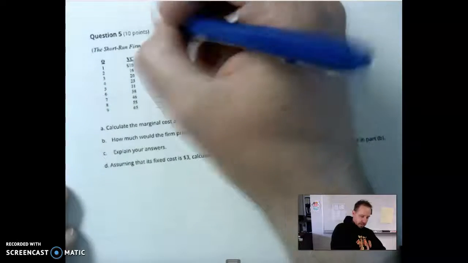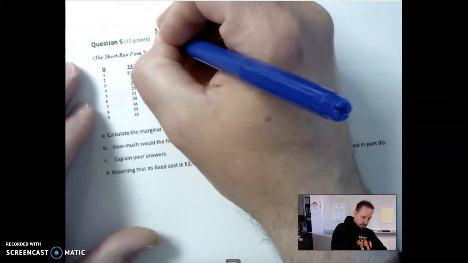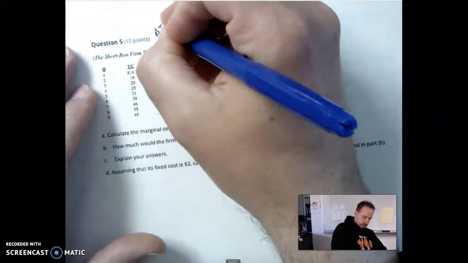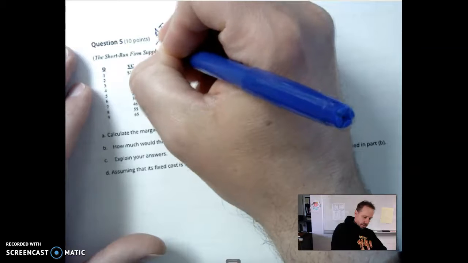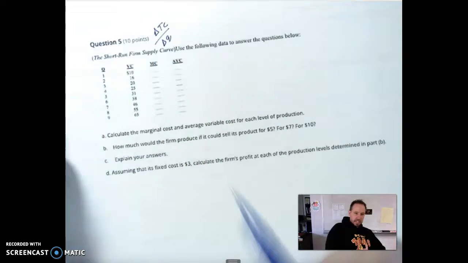So remember, marginal cost is your change in total cost divided by change in quantity.